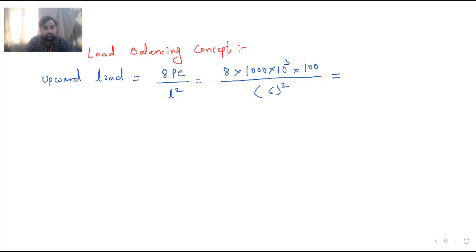What is the UDL? 22.22 into 10 to the power 6. It is in Newton per mm.